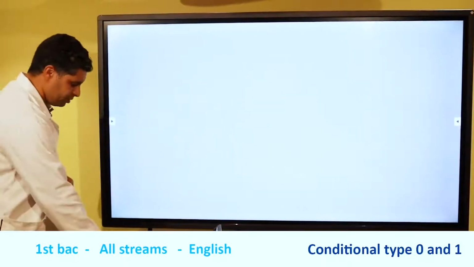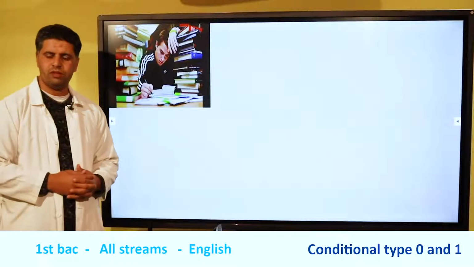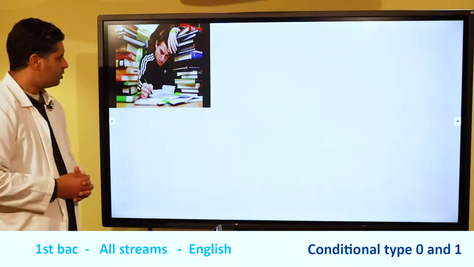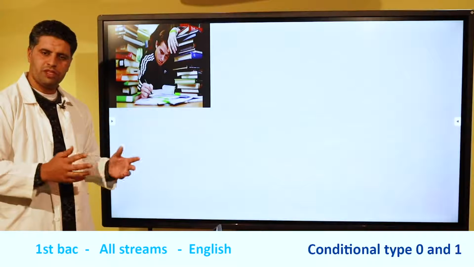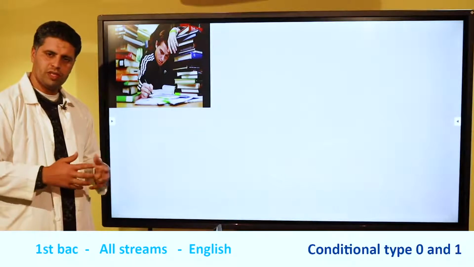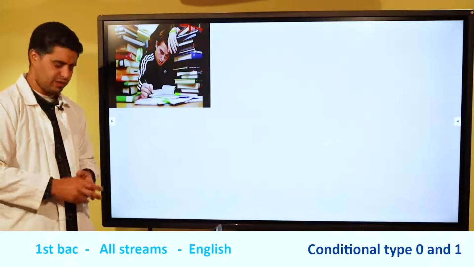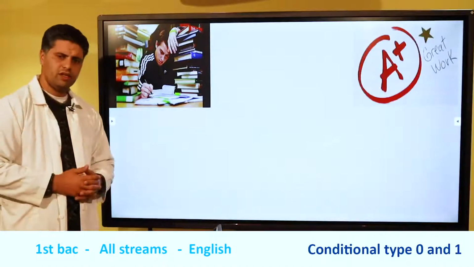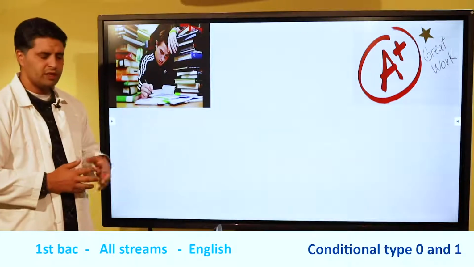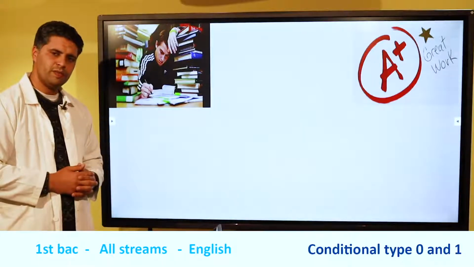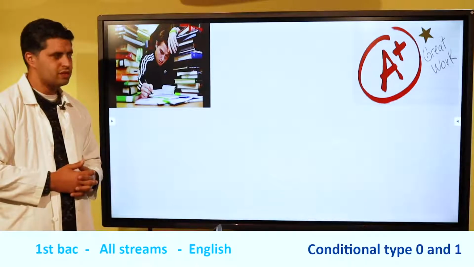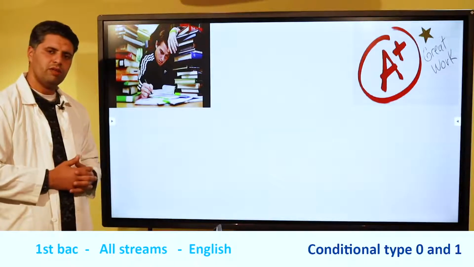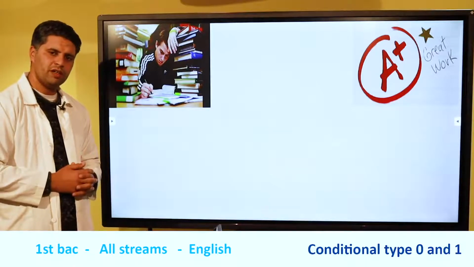If I ask you, what do you see on the screen? You will say, we see a picture. It is a picture of a student who is studying hard. Let's take another picture. If I ask you, what does this picture represent? This picture represents a symbol of a good mark.